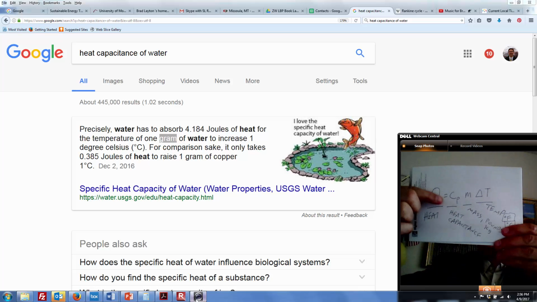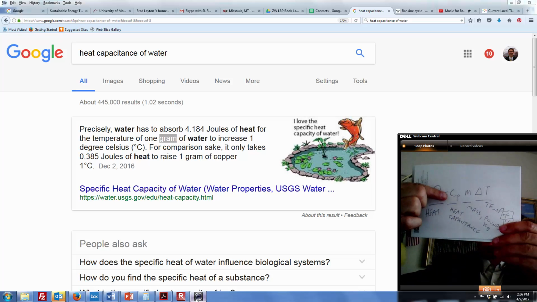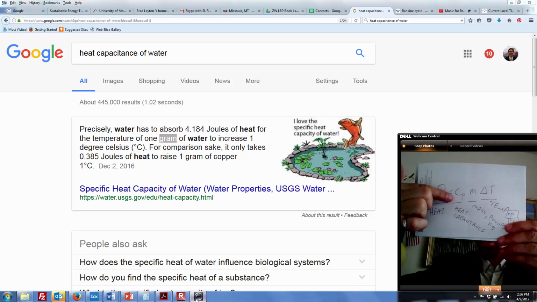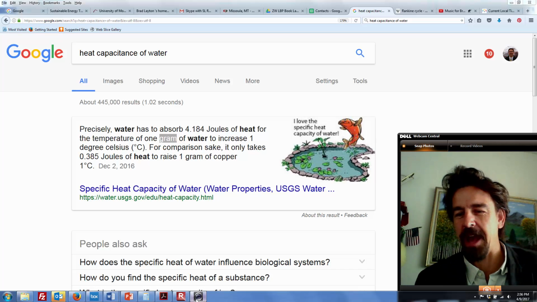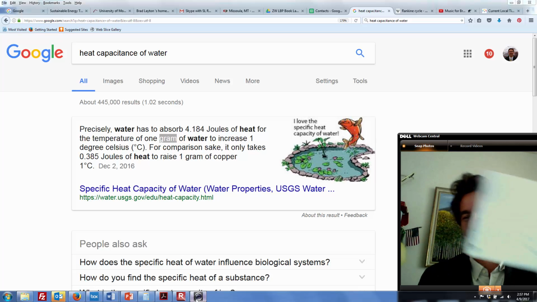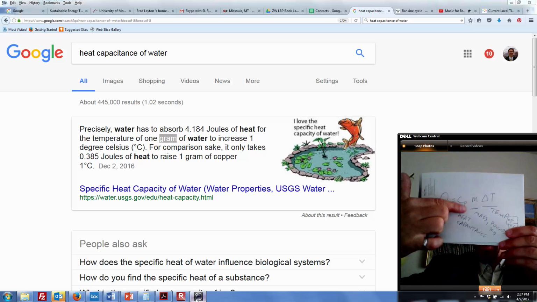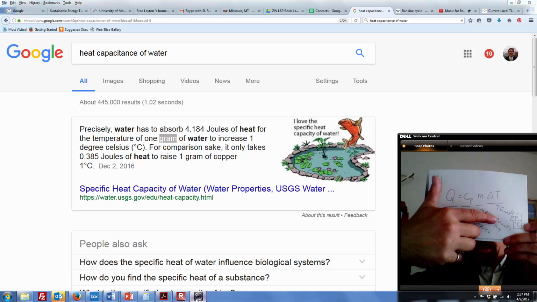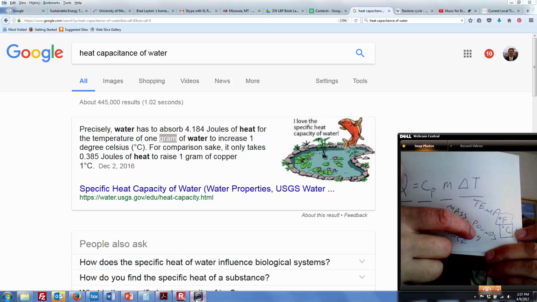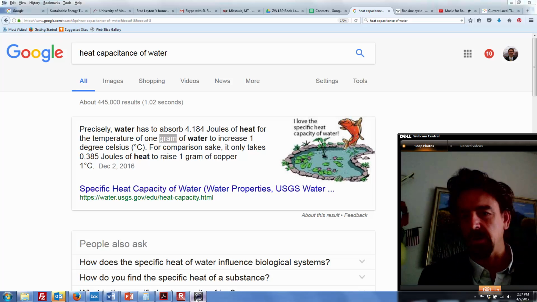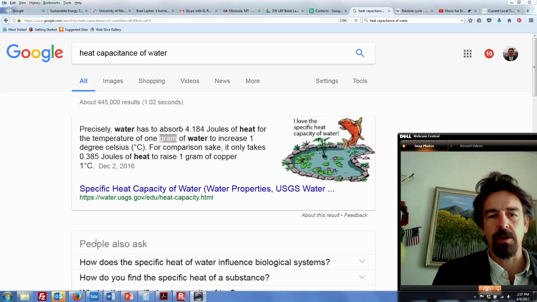So again, heat is energy. Heat capacitance, water has its own heat capacitance. Everything around us has mass, except for light. Light does not have mass. And again, mass can be measured in pounds, also kilograms, or just grams. See the G? That's the letter G, 1 gram of water.